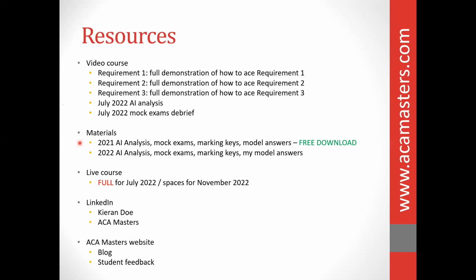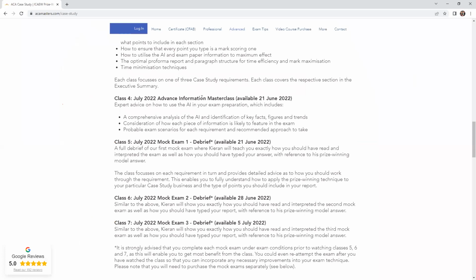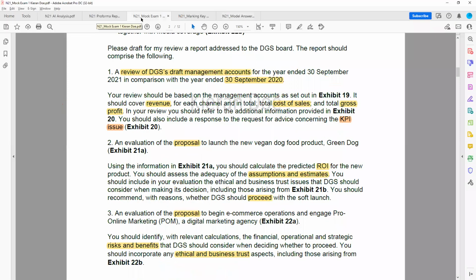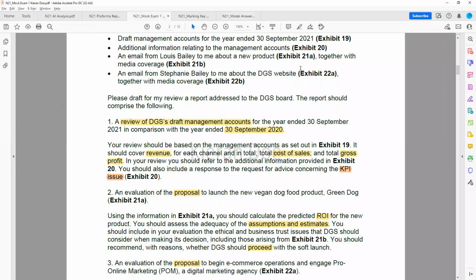Now, in the meantime, what you can do is go away and practice this exam technique. You can watch the classes for requirements 1, 2, and 3, and then go away and practice them. Now, I know many of you, if not all of you, will have been attempting this mock exam, the November 21 exam, as part of your practice.